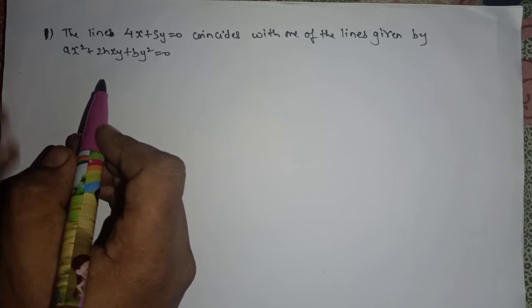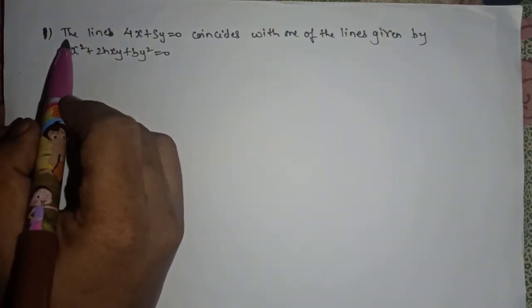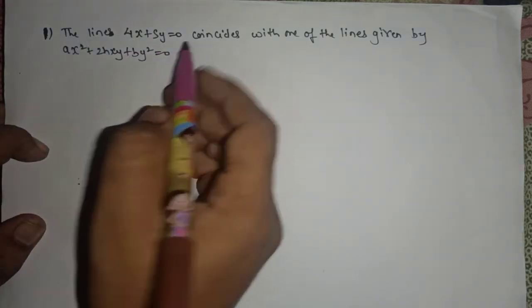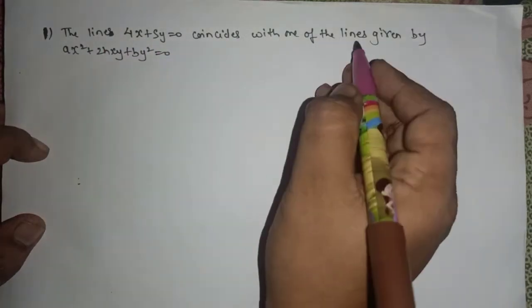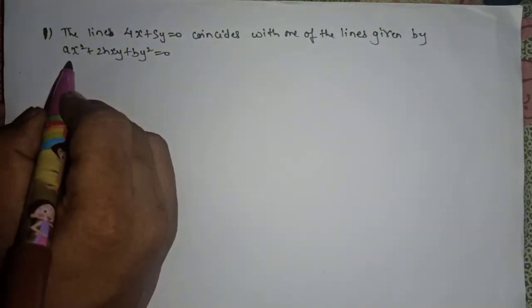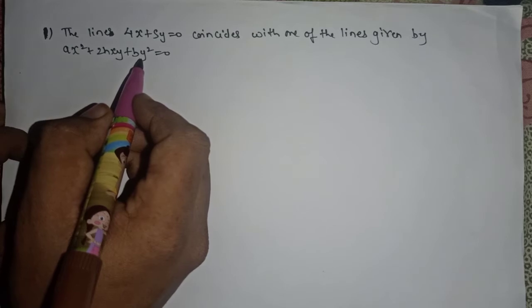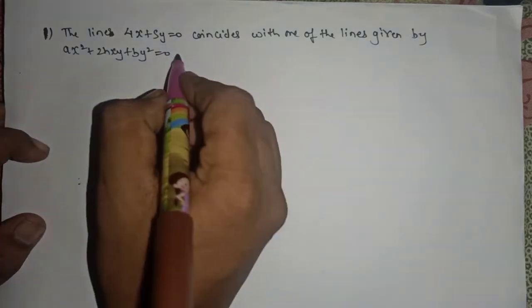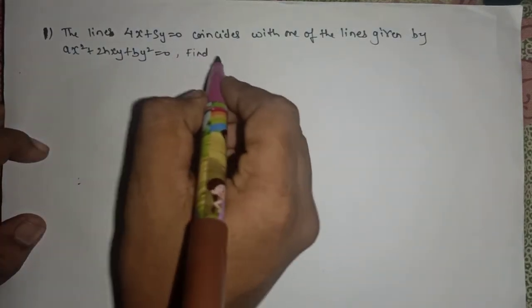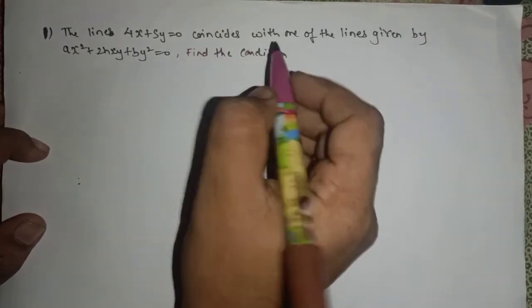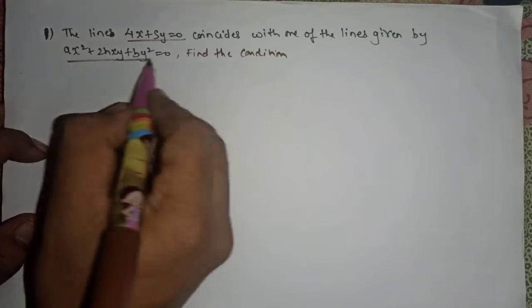So we'll take the first example. Here we have the line 4x plus 5y equals to 0 coincide with one of the lines given by ax square plus 2hxy plus by square. Then you have to find the condition for this one line and a quadratic equation.